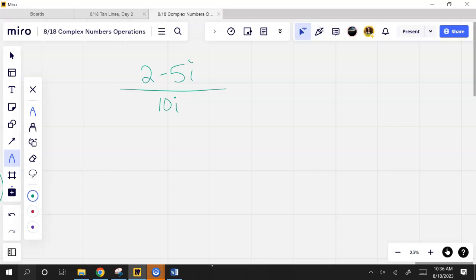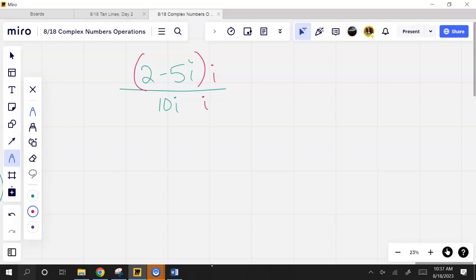I'm only worried, bless you, about the denominator here, okay? I'm dividing by an imaginary, so what am I going to do to take care of that situation? Multiply by i on the top and the bottom, right? Oh, whoa, look at the top there.